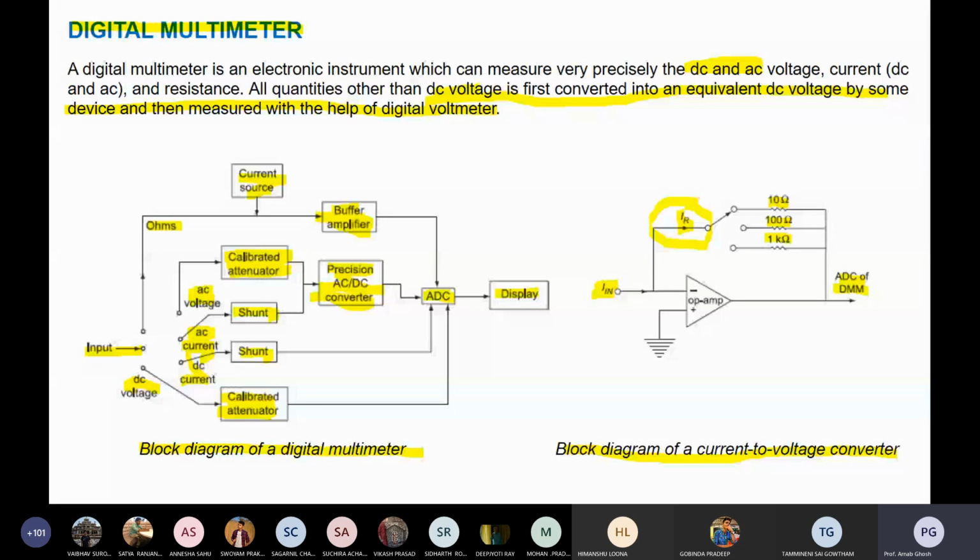At the time of the exam, some theory will come as a short note type question about the different digital meters. The question may be how a digital voltmeter or digital multimeter works for the measurement of current, voltage, and unknown resistances, discussed with proper mathematical justifications and diagrams.